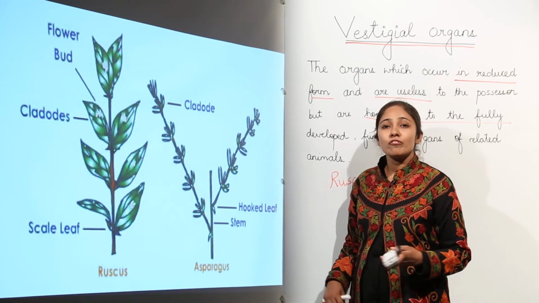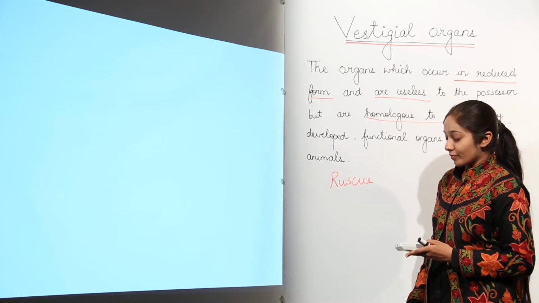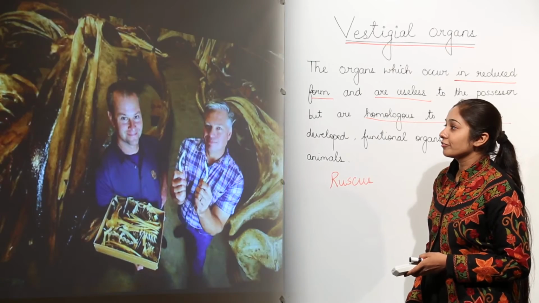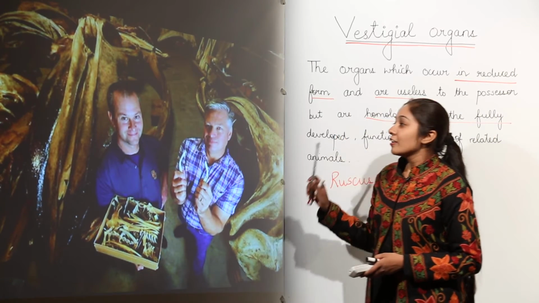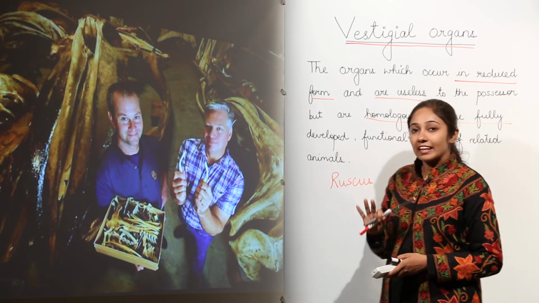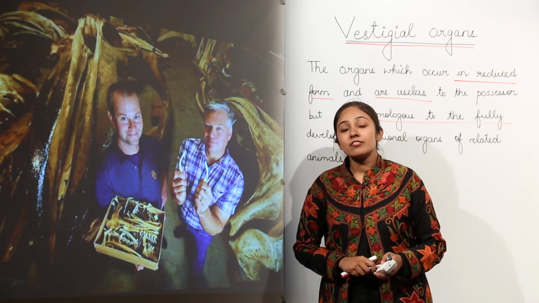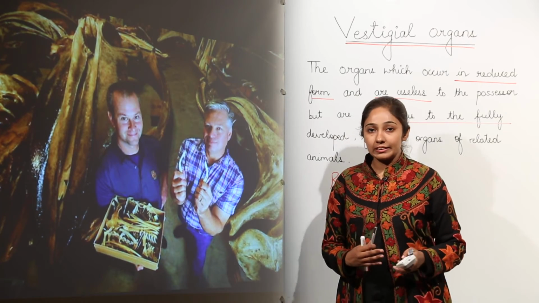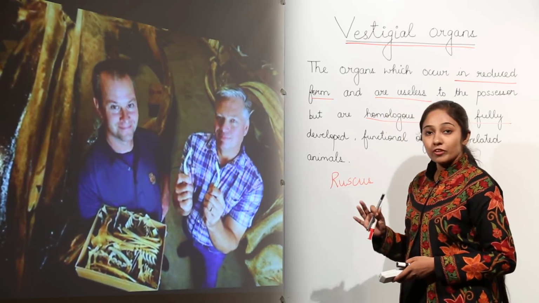And next we move on to a very interesting example, that is the case of Greenland whales. When scientists looked at the skeleton of Greenland whales, they compared it with other whales. Other whales do not have any pelvic girdle, they don't have such bones. But these Greenland whales had some special bones, which is the pelvic girdle.